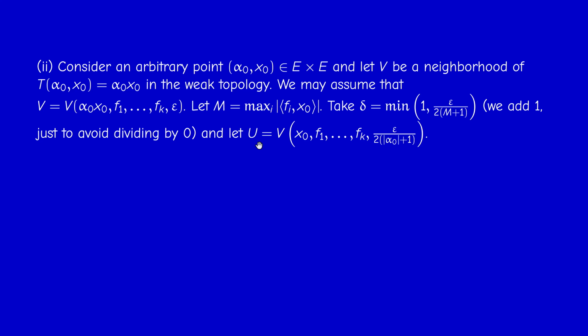And now I take Q to be this weak neighborhood of x0 with the same functionals f1, ..., fk, but the radius is epsilon over 2 times the absolute value of alpha 0 plus 1.